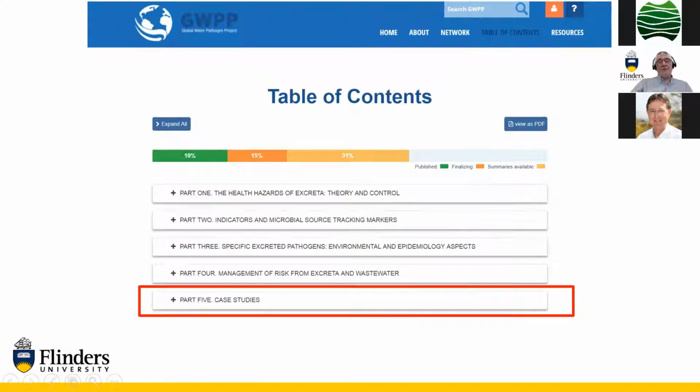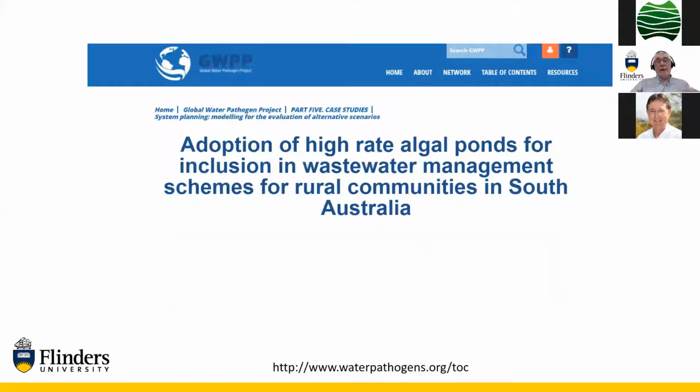Where we're participating is there's a case study part to demonstrate how you use risk assessment to protect the public from exposure to pathogens with reuse of treated wastewater. And one of the case studies in this is the system in South Australia, with a view to the system being made more widely available and understood that it has been validated and it is a reasonable option for communities that have reticulated water and flushing toilets.